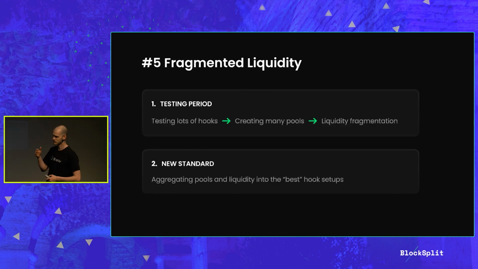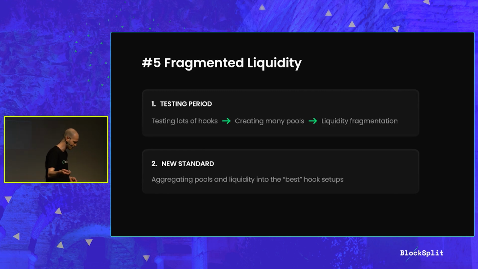Now, it won't be that there's a set of hooks that every pool will use, because pools themselves are different. You can have a pool that's between two big coins, Ethereum and BTC. You could have something that's on meme coins or very small coins with low liquidity. Different hooks will be better on those pools.